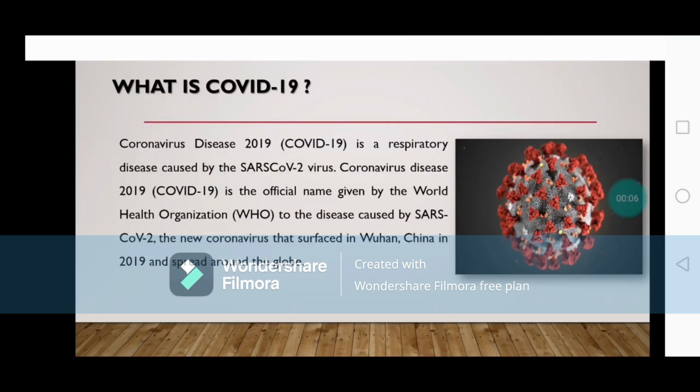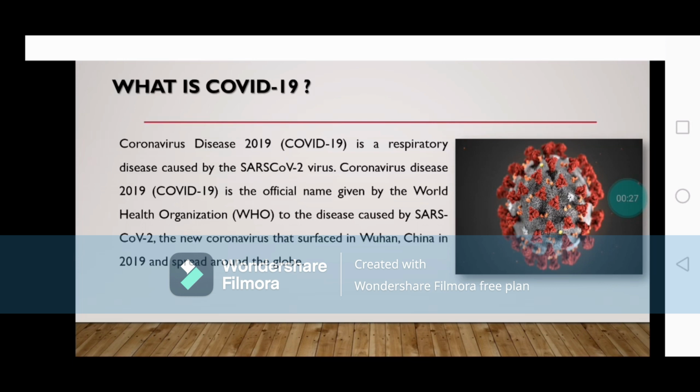The first question that arises in mind is, what is COVID-19? How did it start spreading? When was the first case reported? And who named it? Coronavirus disease 2019 is a respiratory disease including some other symptoms caused by the SARS-CoV-2 virus. SARS-CoV-2 virus basically is a type of coronavirus which is a wide class of viruses causing respiratory diseases.